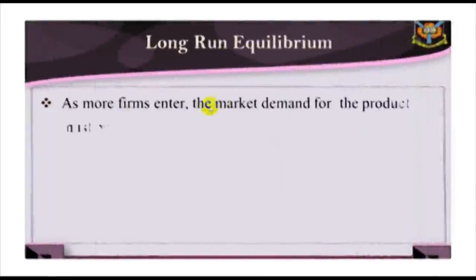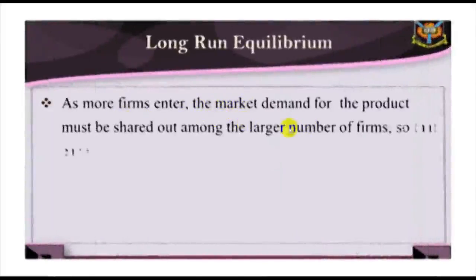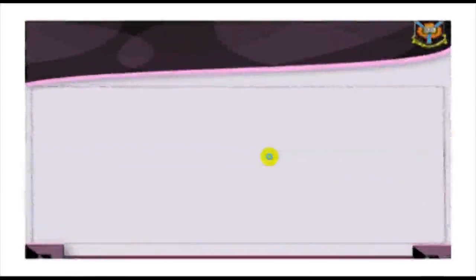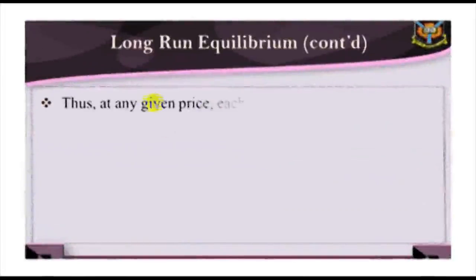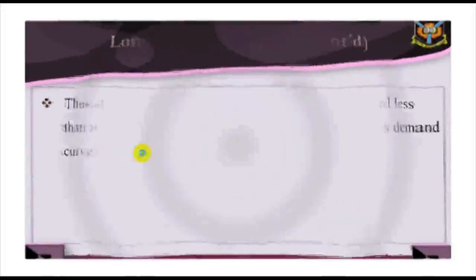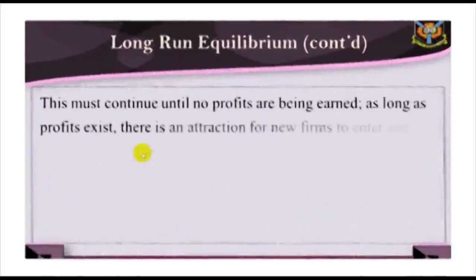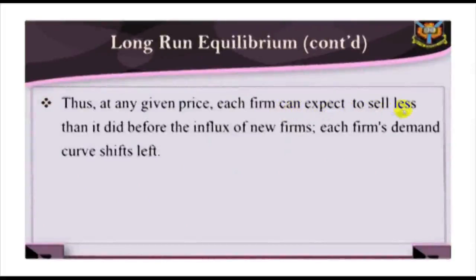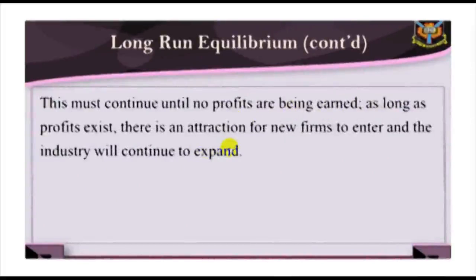As more firms enter, the market demand for the product must be shared out among the larger number of firms, so that each can expect to have a smaller share of the market. Thus, at any given price, each firm can expect to sell less than it did before the influx of new firms. Each firm's demand curve shifts to the left. This must continue until no profit is being earned.